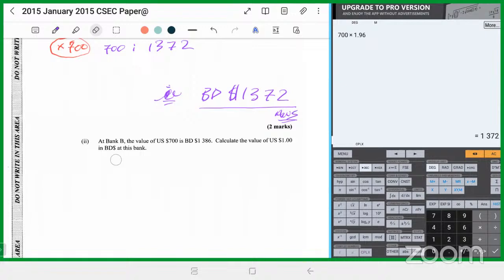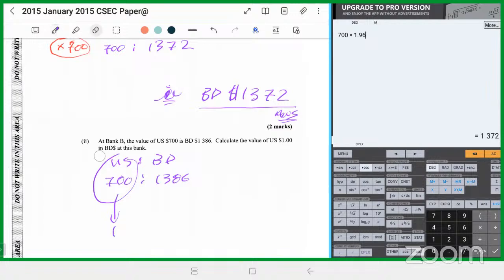So let's set up again. At Bank B, US to Barbados dollars is 700 to 1386. So actually you're getting more money for your 700 at Bank B. We want to know what 1 US is, so we need the US side to go down to 1.